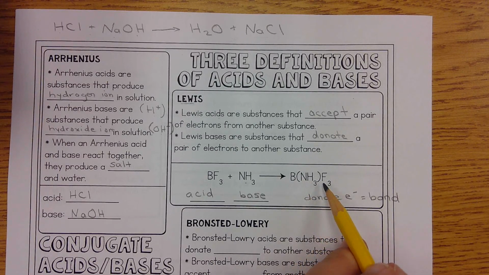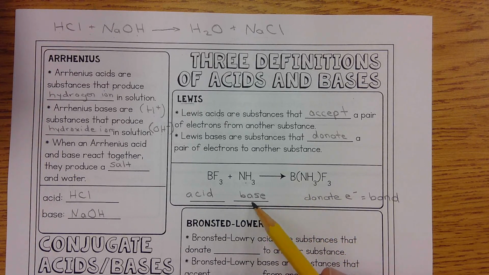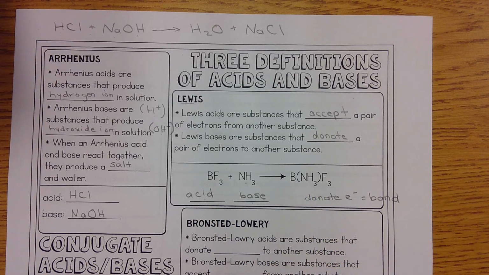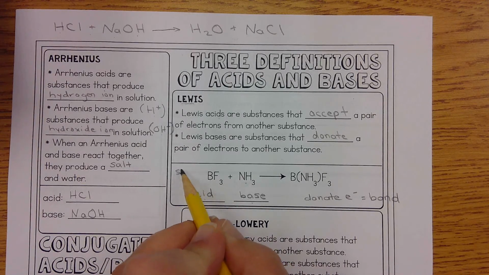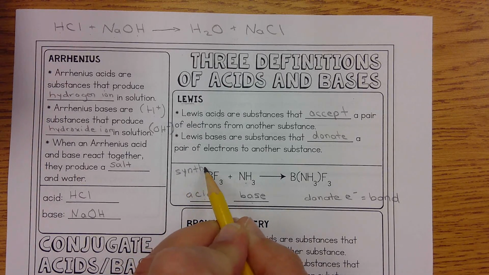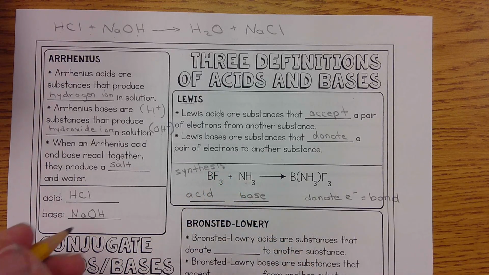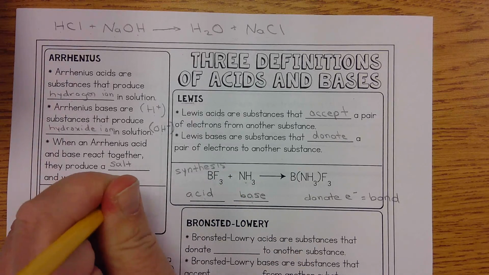So a bond is formed, and you end up with this compound right here. Those electrons donated by the base and accepted by the acid cause them to combine together. So this is a synthesis reaction. Remember we talked about those. And remember I said this was a double displacement.